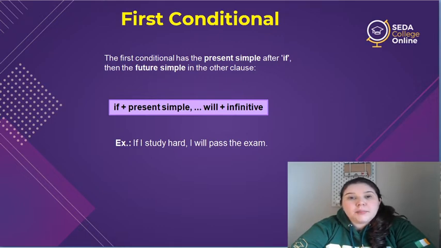What I can say about the conditional is that we usually are talking about cause and consequence. So if I do something, I will have a consequence. So if I go to the gym every day, I will be fit and healthy. So whatever I do in the present, I will have a consequence in the future. That's the basis of the first conditional.